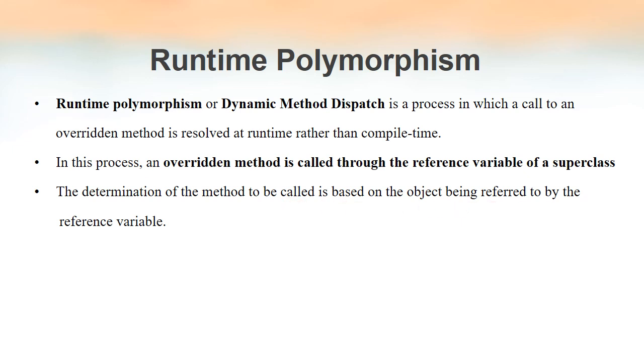We have two classes, one a parent class and the other a child class. It is possible to assign the reference variable of a child class to the parent class variable. In that case, which method will get invoked? That is the question that we have to answer. And that process takes place during running time. That is why it is known as runtime polymorphism or dynamic method dispatch.